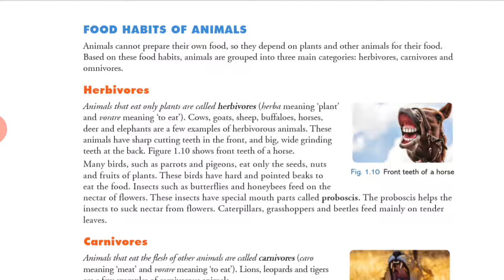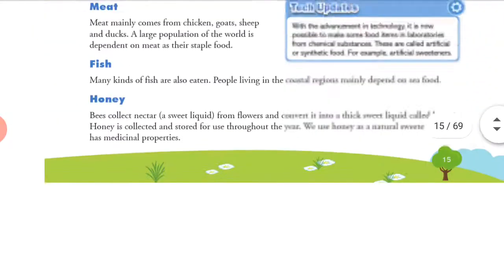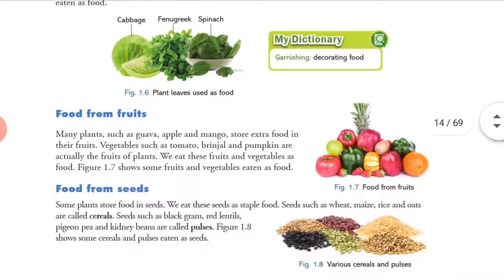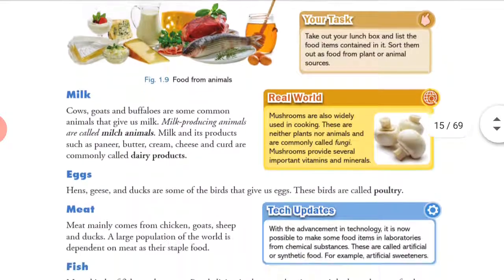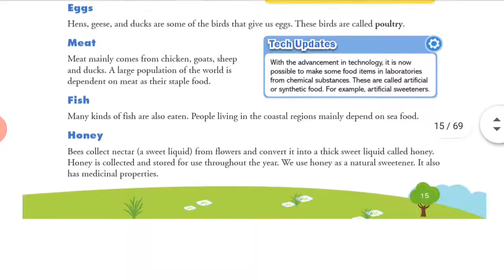We studied about food, its sources, why we need food, and the various plant parts that provide us food: stem, root, fruit, flowers. We also studied food from animals: meat, milk, eggs, fish, and honey.